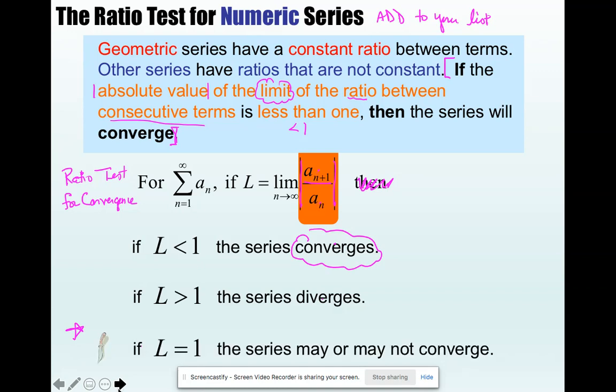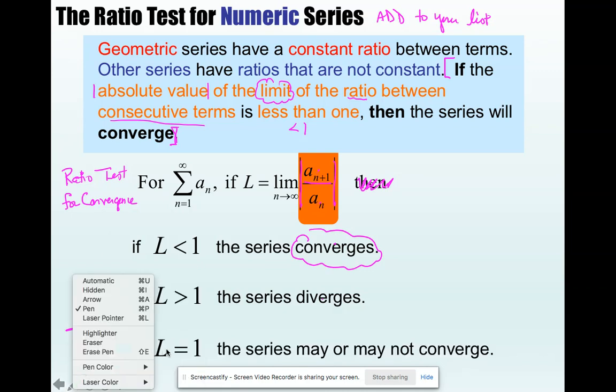If your limit is exactly 1, dagger, I can't make a conclusion. Don't confuse this with the limit comparison test for improper integrals. Remember that if you evaluated the limit of one function, your known function, to your unknown function, that limit had to be between 0 and infinity, or else it was inconclusive, right? This is the ratio test for convergence of numeric series. Add this to your list. You could use this on numeric series.